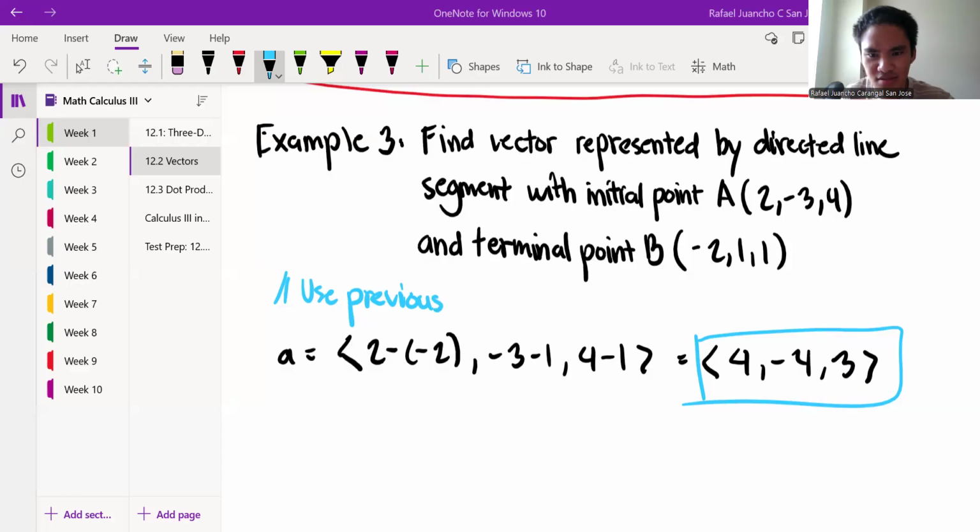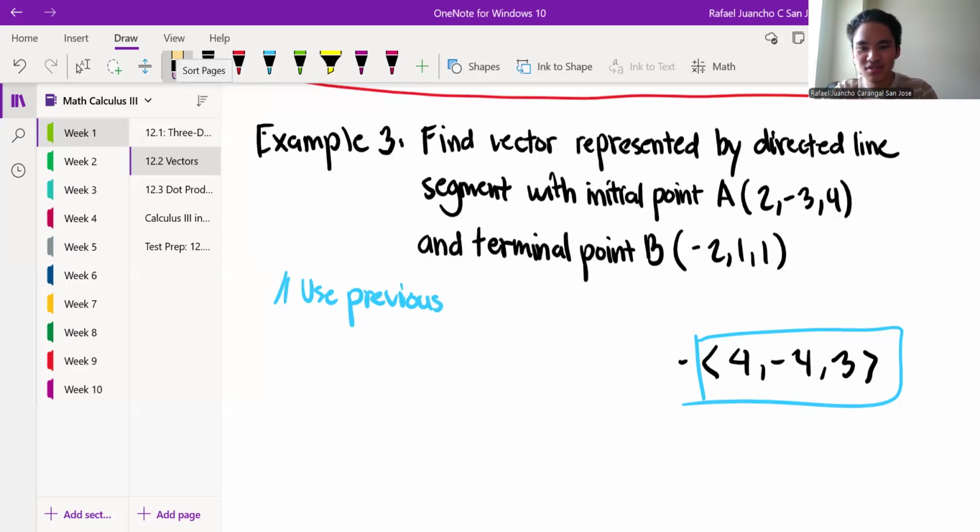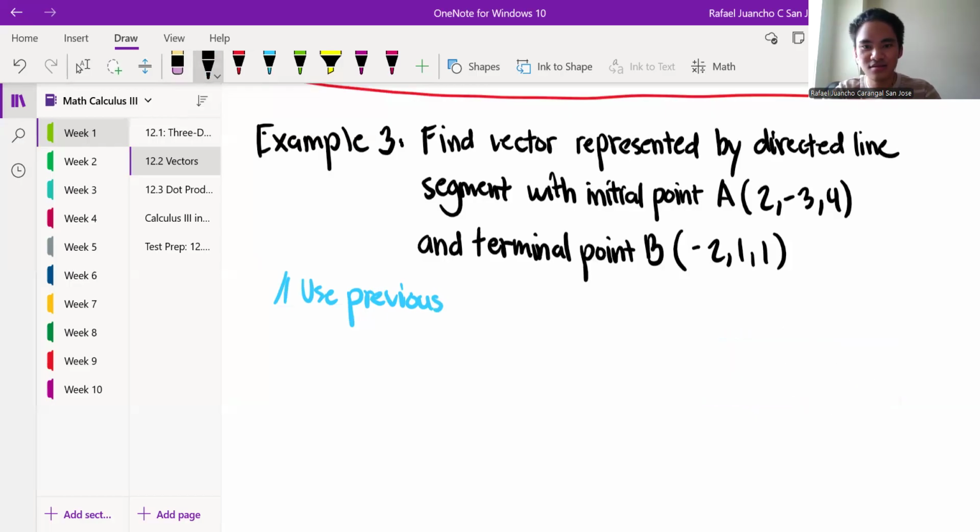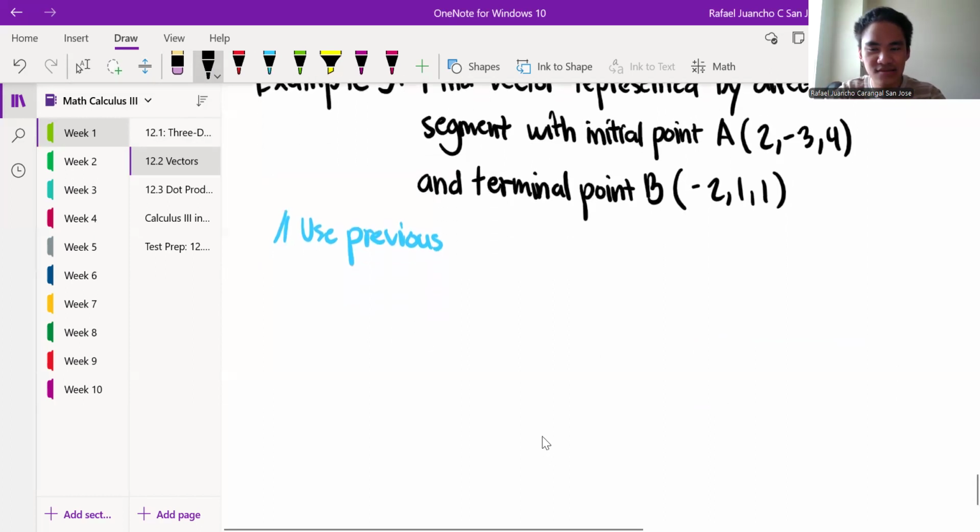Oh, I see what happened. Yeah, it subtracted it in reverse. So I should have done it the other way around. Or it might be the same. So I did the B first, and then I subtracted the A. Right? Yeah, I think 0 minus 3. Yeah.